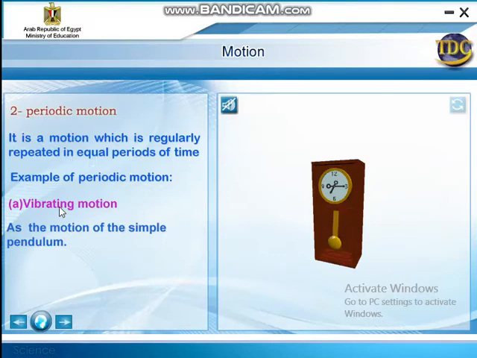Like number 1, vibrating motion, like the simple pendulum. We know the simple pendulum from the first term. It has vibrating motion. Tick tock, tick tock.